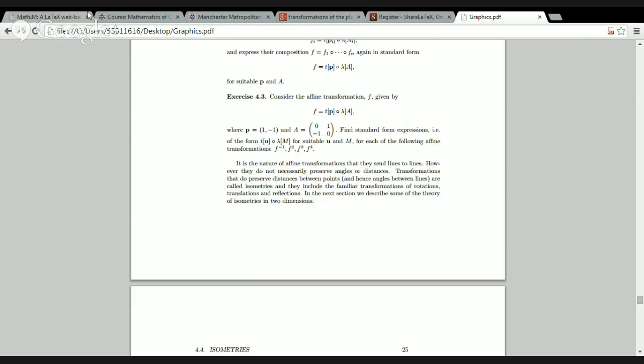Now, being at right angles to one another, you can express that in terms of the dot product. Two vectors are at right angles to one another if their dot product is 0. So the consequence of that is that the matrix that represents the linear transformation part of an isometry has to be what's known as orthogonal.